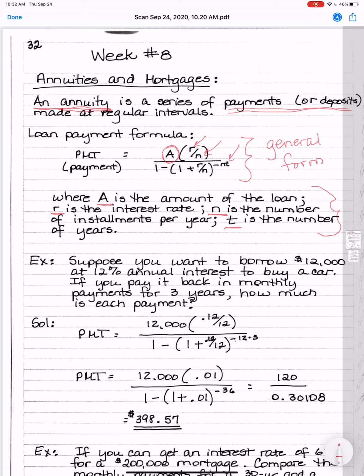So suppose you want to borrow $12,000 at 12% annual interest to buy a car. If you pay it back in monthly payments for 3 years, how much will each payment be? Well, we're trying to calculate our payment right here, so that's our unknown.